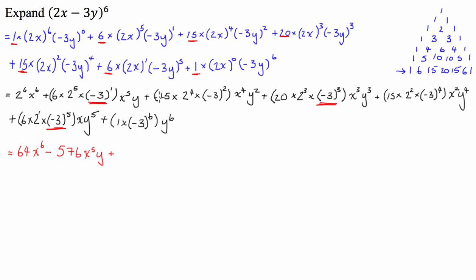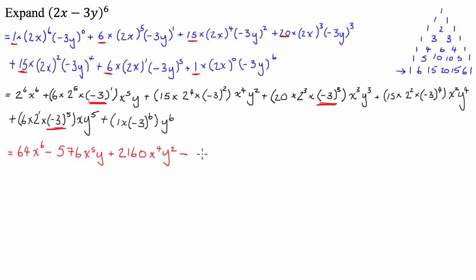And then it's 15 times 16 times 9, which is 2,160. Now we remember it's a negative because it's to the power of an odd number. And we've got 20 times 8 times 27.